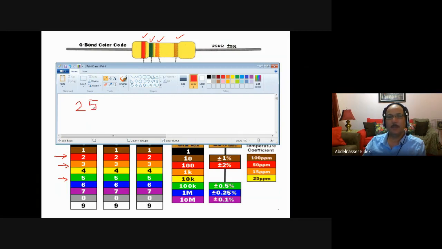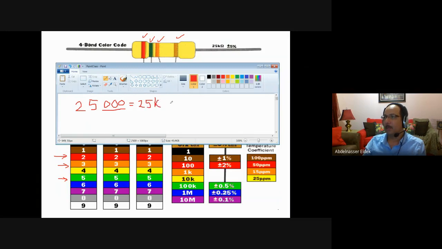Third color will be the number of zeros, or multiplier. In this case, we have orange. Orange is 3, so you have 3 zeros. Or you can say this is kilo. 3 zeros means kilo. So it's 25K. This one is 25 kilo ohm.